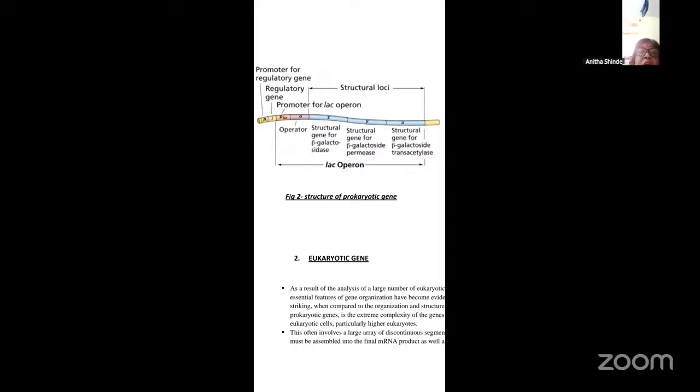When compared to the prokaryotic genes, the eukaryotic gene structure is highly complex, particularly in the higher eukaryotes. This often involves a number of discontinuous segments that must be assembled into the final messenger RNA.